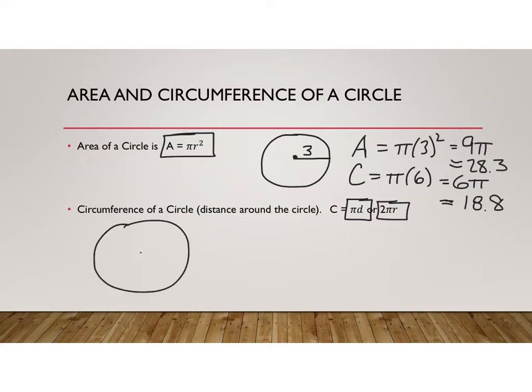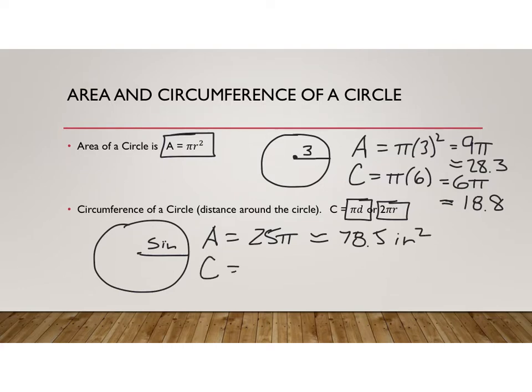If I have this circle, let's say my radius is 5 inches, then the area of this would be pi r squared. Square the radius times pi. And 25 pi is approximately 78.5, and that'd be square inches.